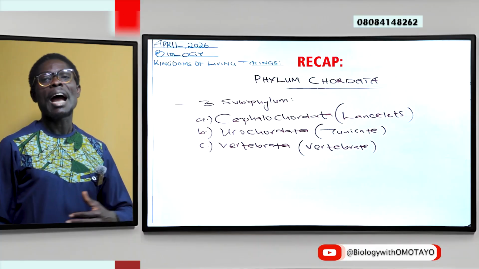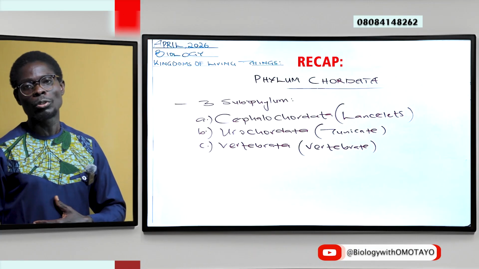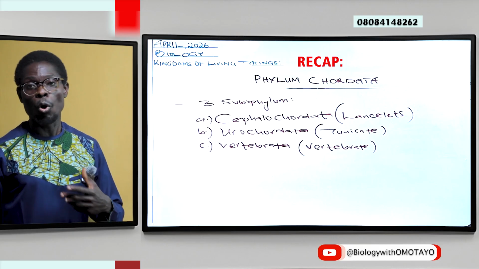Last class we were able to look at phylum Echinodermata and phylum Chordata, as well as phylum Arthropoda. We exhausted all required with regards to phylum Arthropoda and phylum Echinodermata, and then we took an introduction to phylum Chordata.